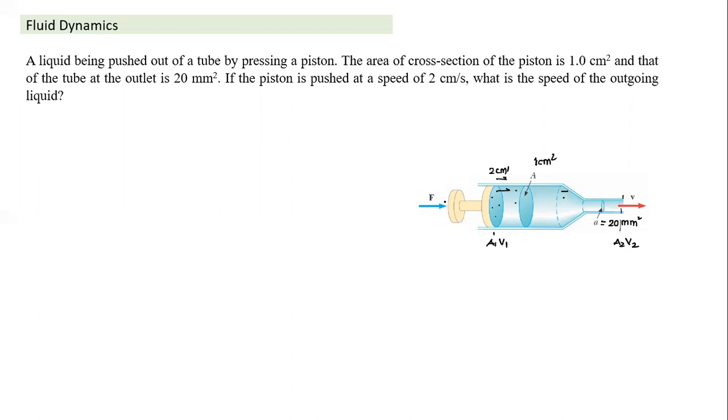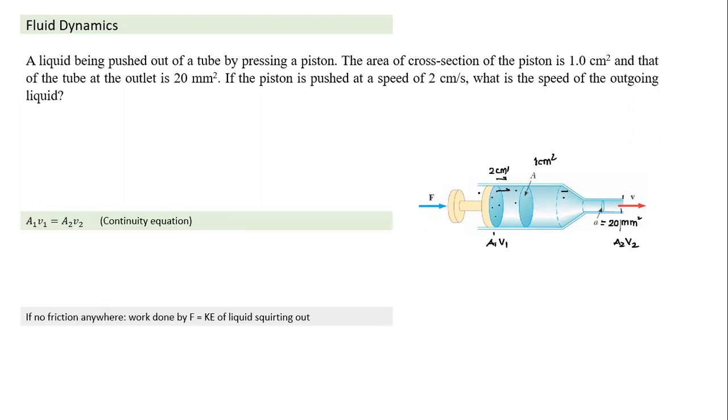So if we assume there's no loss of energy, what force is needed can also be calculated in those terms. I can calculate force equal to rate of change of momentum. Rate of change of momentum we can easily calculate: dm by dt into v will become the rate of change of momentum, and force can also be calculated. This is basically the simple continuity equation. No friction anywhere. Work done by force is equal to the kinetic energy of liquid squirting out of the syringe here.